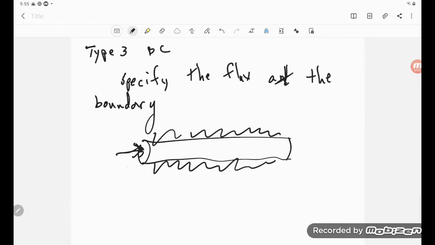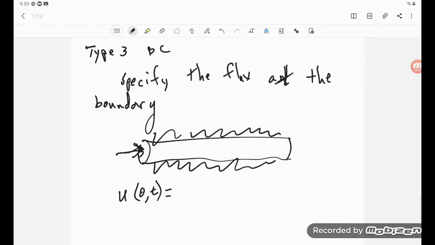So, we would have at this end, say, and call that 0, u of 0, t is equal to, and I think they're using an F in theirs.